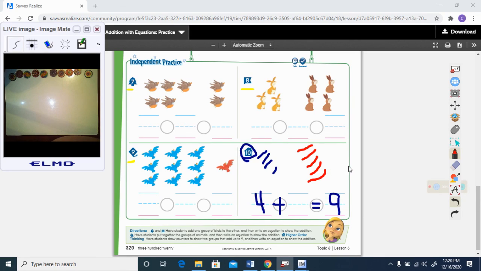How many red counters did I have to draw to equal 9? 1, 2, 3, 4, 5. So what is our equation? 4 plus 5 equals 9. Can you say that with me? 4 plus 5 equals 9.